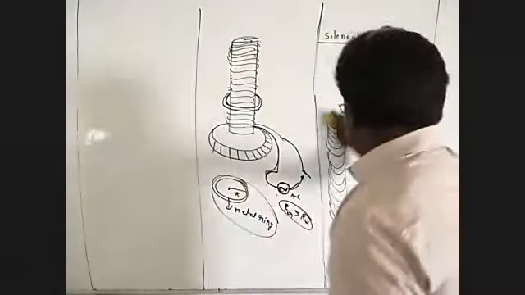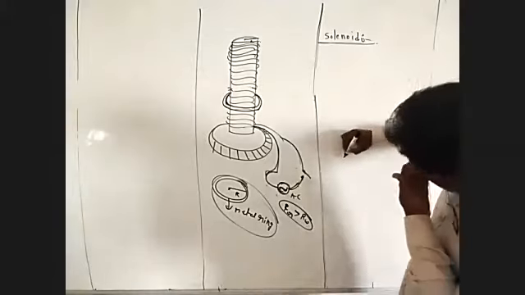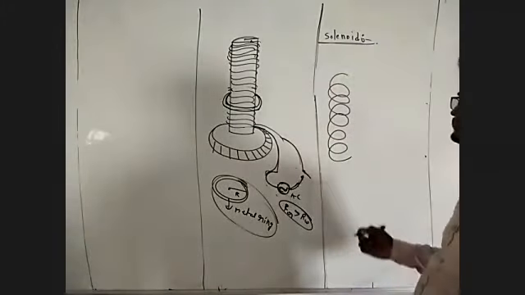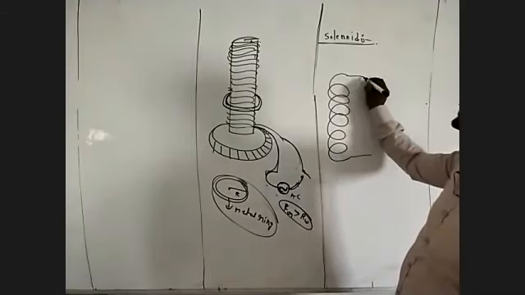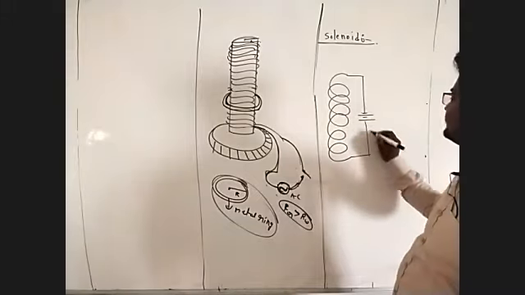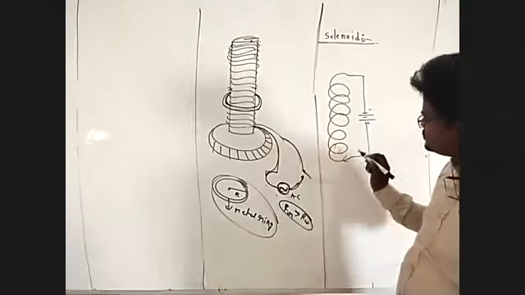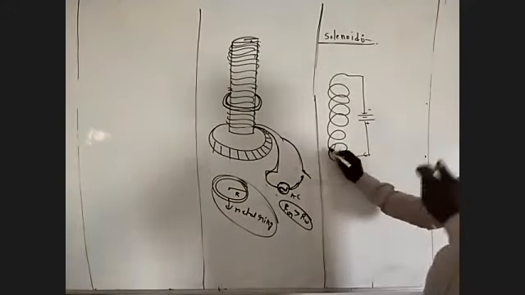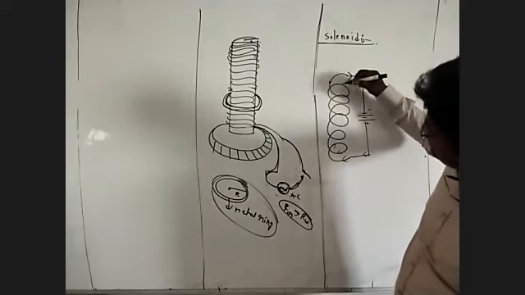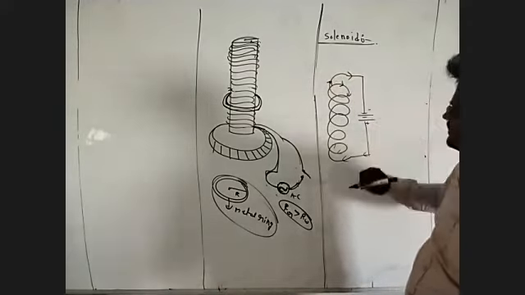Suppose, for example, a solenoid with these rings. Suppose I'm going to connect an alternator somewhere. Now, what will happen in this situation? The current flows in this direction.